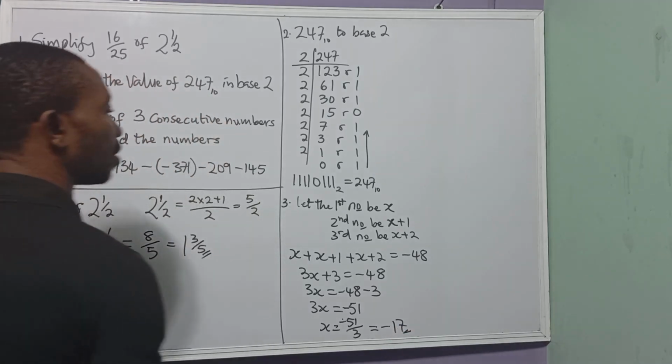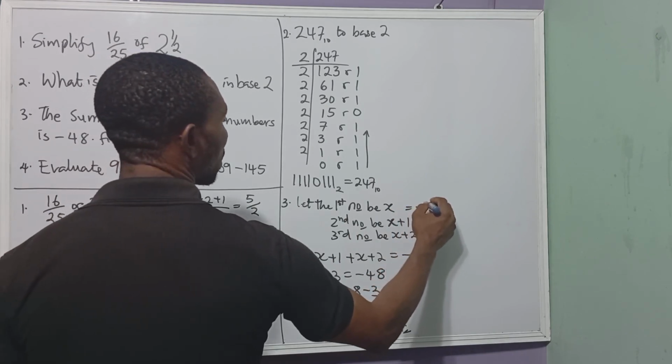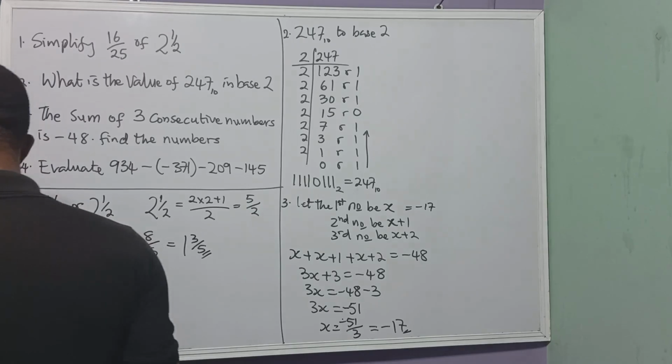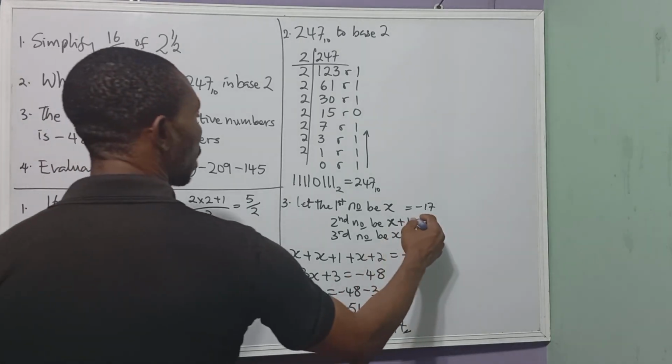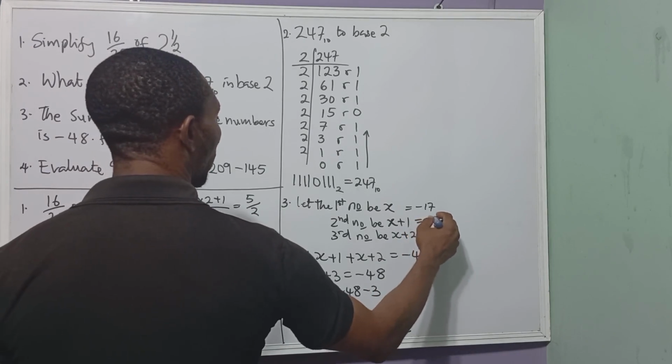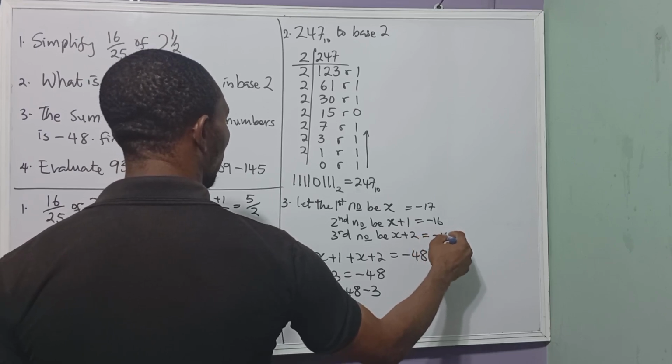So our first number will be x equals minus 17. Then x plus 1 will be minus 16, and x plus 2 will be minus 15.